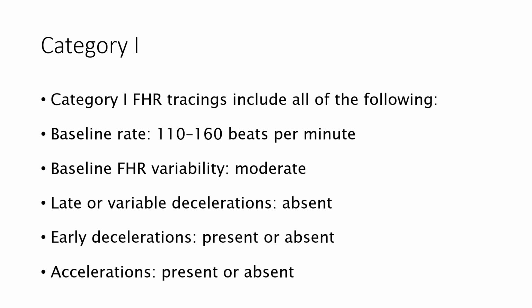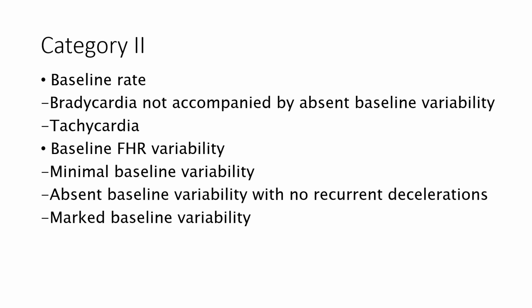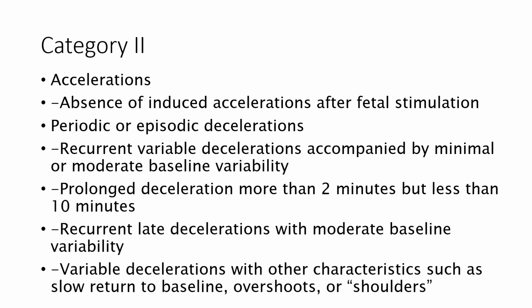So 1 is the normal. 2 is abnormalities in the baseline, like bradycardia not accompanied by absent baseline variability, or tachycardia, or changes in the variability, either minimal variability or absent variability with no recurrent deceleration, or marked baseline variability, or absence of induced acceleration after fetal stimulation, or periodic deceleration: recurrent variable deceleration accompanied by minimal or moderate baseline variability, prolonged deceleration more than 2 minutes but less than 10 minutes, recurrent late with moderate baseline variability, variable deceleration with other characteristics such as slow return to baseline, overshoots or shoulders, what some people may say as atypical variable.